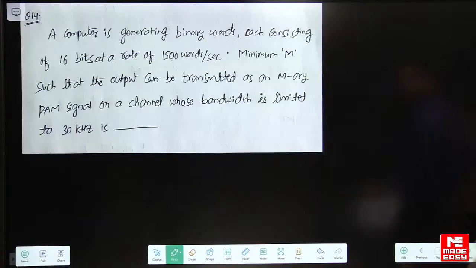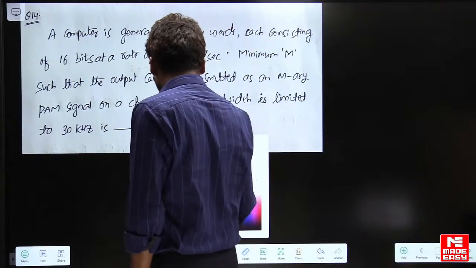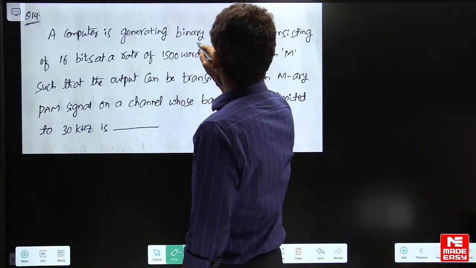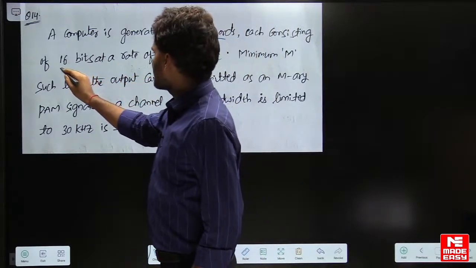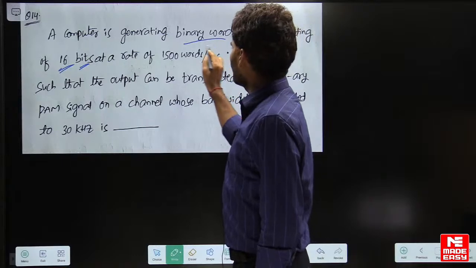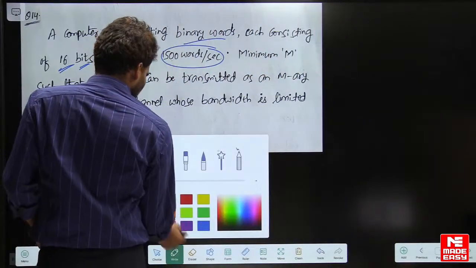So see the next question. A computer is generating binary words, each consisting of 16 bits, at a rate of 1500 words per second.